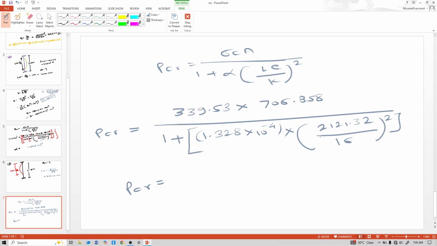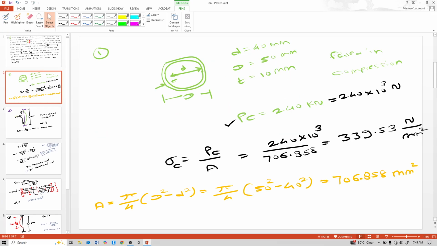PCR is equal to 71977.37. Why is this not in kilonewton? Because this is in MPa and this is in mm. This sigma C, is it in MPa?